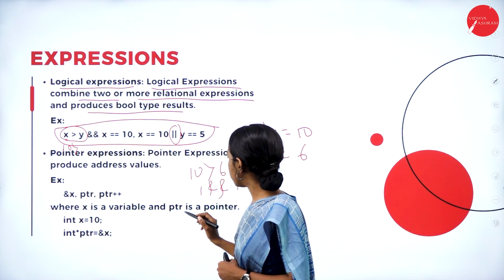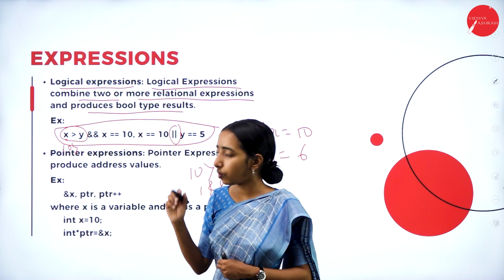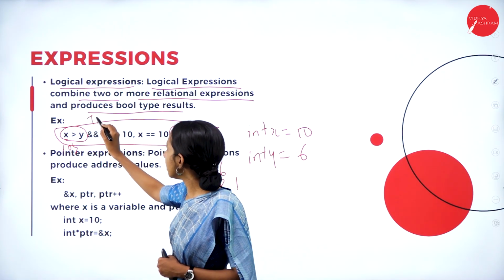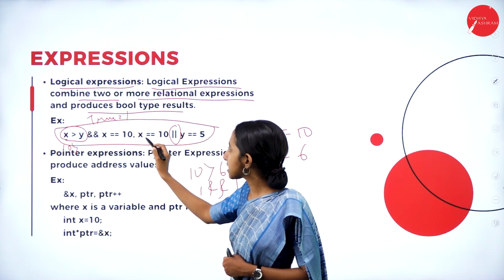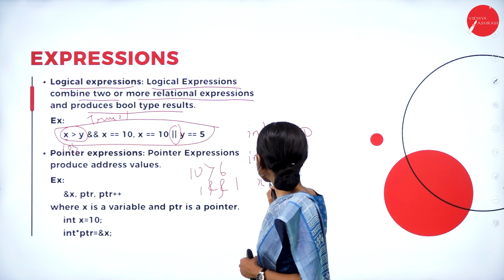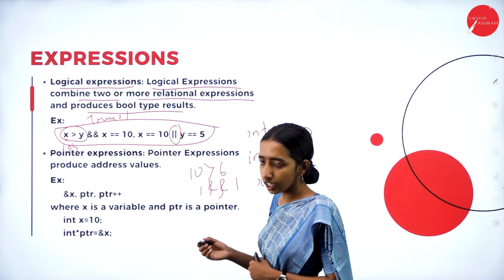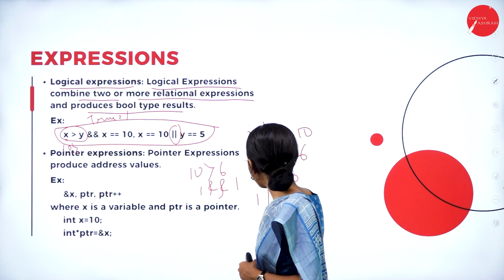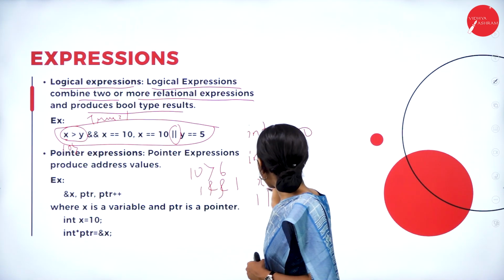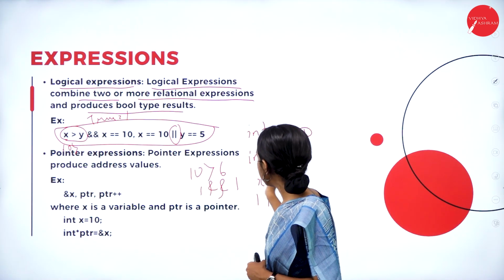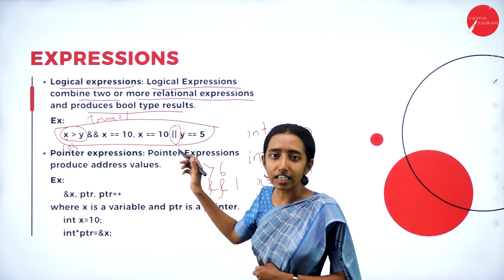It is also true. So 1 into 1, we will get the output as true, which means 1. Next we have x equals 10. It is also true, and I am using the OR operator with y equals 5. I do not have y equals 5, so that is false.